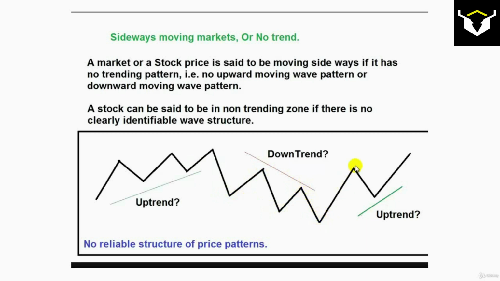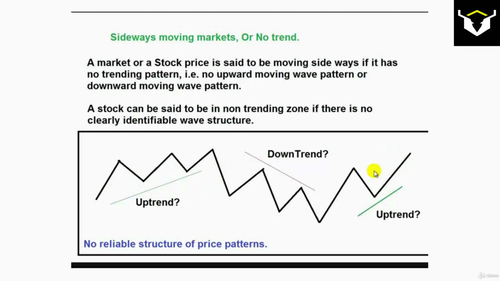But then a new top is made, voiding the idea of a downtrend, and then prices go ahead to make a new high. Thus, no clear price structure can be identified out of this set of data.